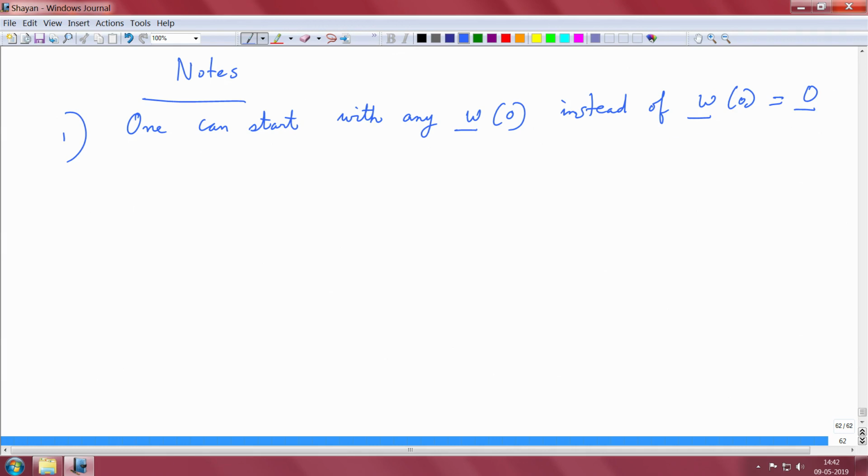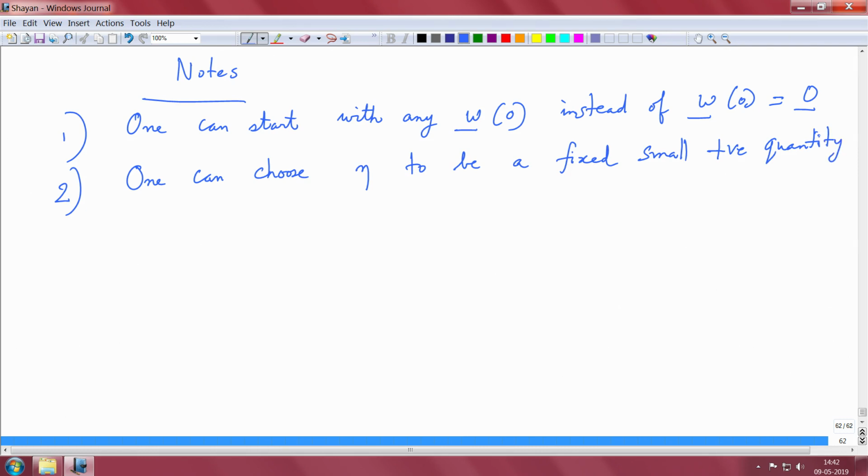So therefore it is okay to start with 0, but you can start with any value, and the other point is one can choose eta to be a fixed small positive quantity, typically between 0 and 1, and still the update should work. And in case you are finding that the update is going beyond any bound, then you can always normalize the data and get the algorithm towards convergence.